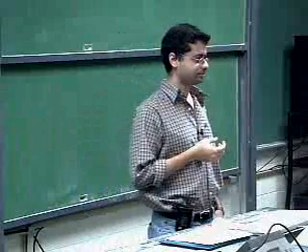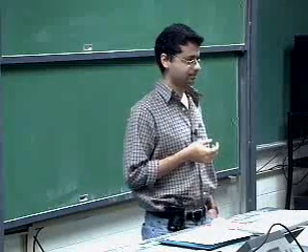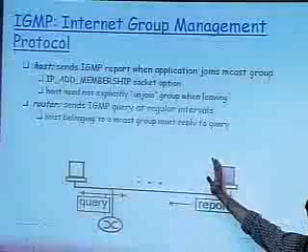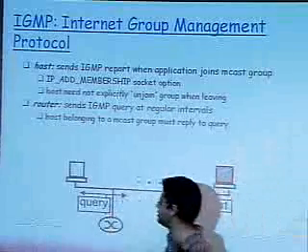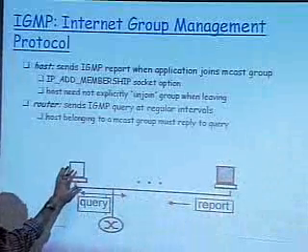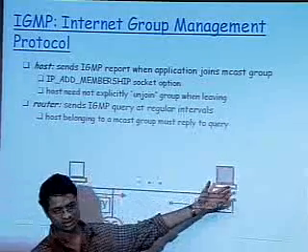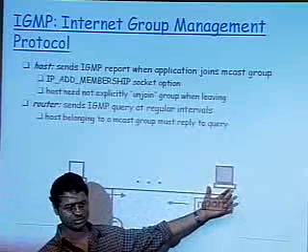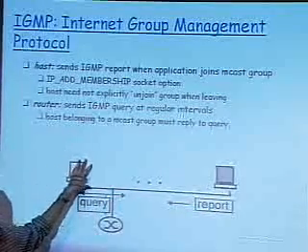Because once the group is set up, you could just join the group and you know what's going on. So suppose this node joins. This node also wanted to join, but it won't send an explicit query. What happens when this node decides, I don't want to be part of it anymore, but this node is still interested?